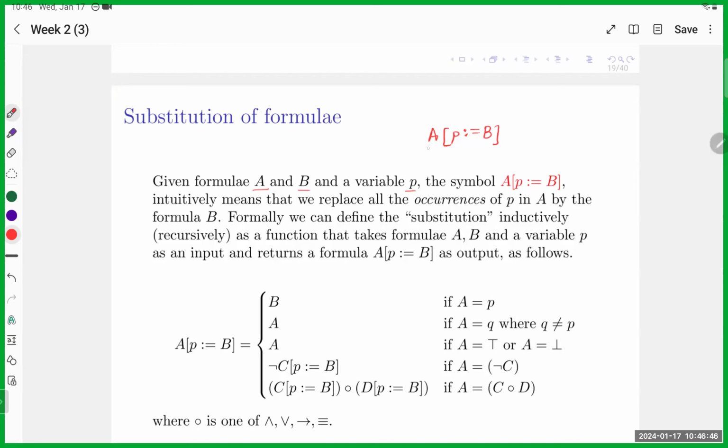It says in the formula A, substitute the variable P with the formula B. So suppose A was the formula P and Q, and B is the formula Q implies bottom. Now, what is the formula A[P := B]?